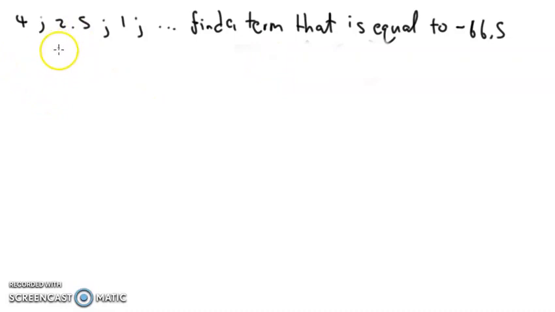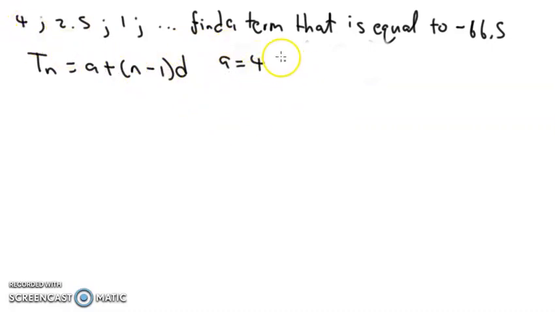By the way, this is an arithmetic sequence, I forgot to tell you. So basically, we're going to have Tn is equal to a plus n minus 1 multiplied by d. A is equal to 4 because a is the first term. d is equal to t2 minus t1, which is equal to t3 minus t2.